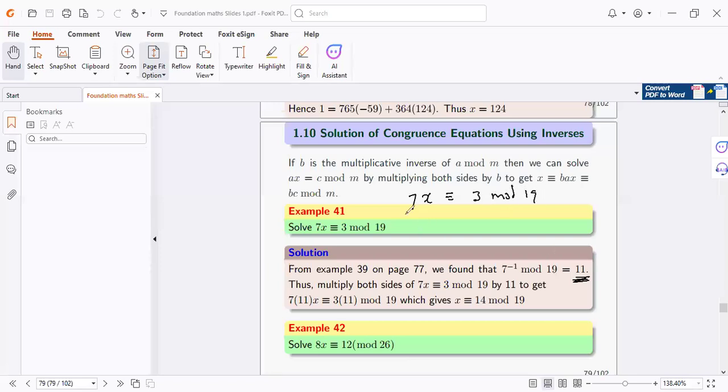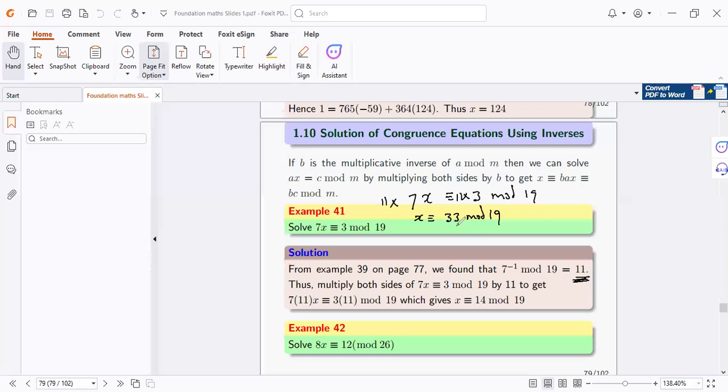And multiply by this inverse on both sides. Now these two, 7 times 11, since it's a number times its inverse, will give us 1. So 1 times x gives us x. And then this other one is 33, mod 19.